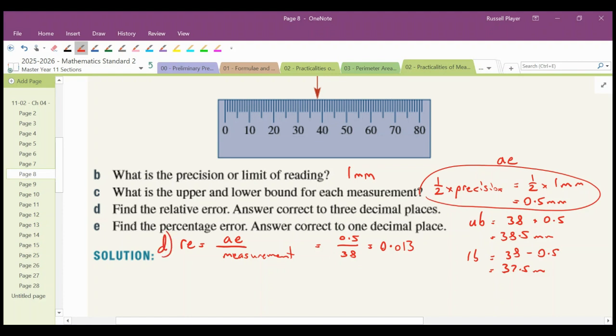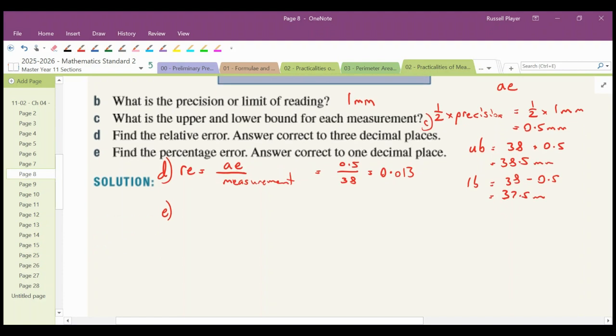I should have put the question numbers or letters next to them, but let's see. We're about to do question E, which is the percentage error. Now, percentage error is exactly the same. So percentage error, I'll just call it PE, is your absolute error over your measurement, and then convert it to a percentage by timesing it by 100%.